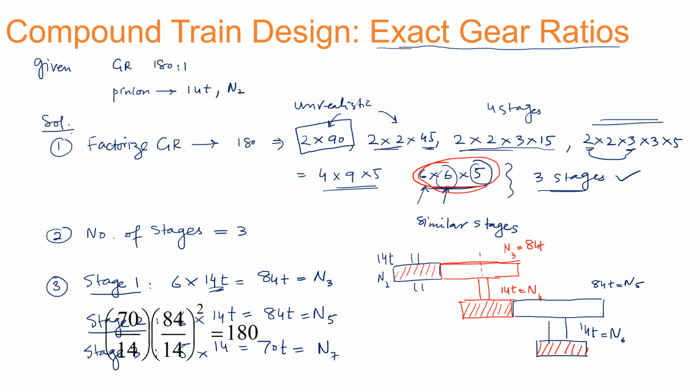So I'm going to use a different color, a green one, in order to indicate the last gear. And that is going to be N7, which is equal to having 70 teeth on it. And this is going to be producing the output rotation over here, which is in terms of omega out.